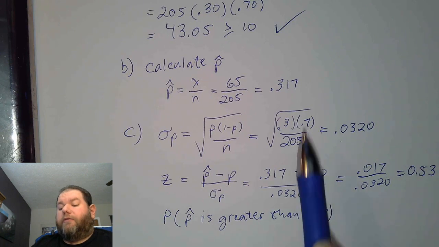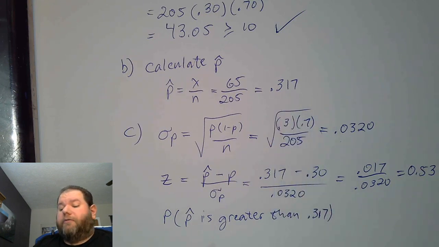The reason I used that was that's the number we got right here. Now, in the question, it says find the probability that p hat is greater than the value in part B, which is where we calculated the value of p hat. So we'll just have to fill in that value ourselves there.